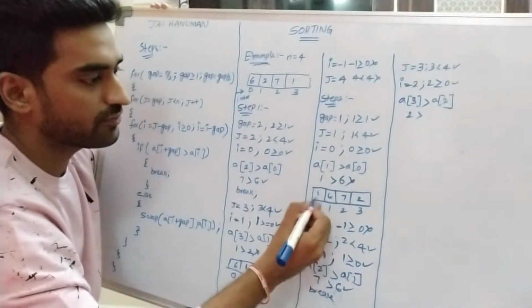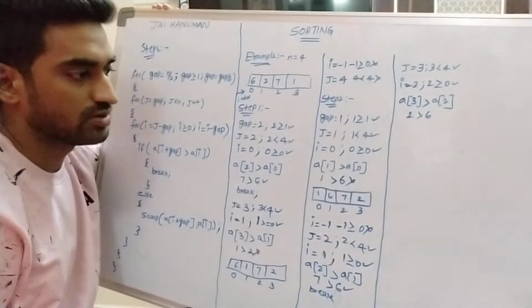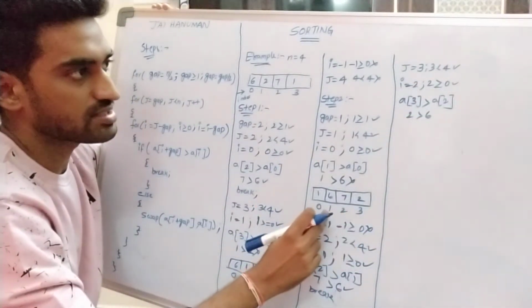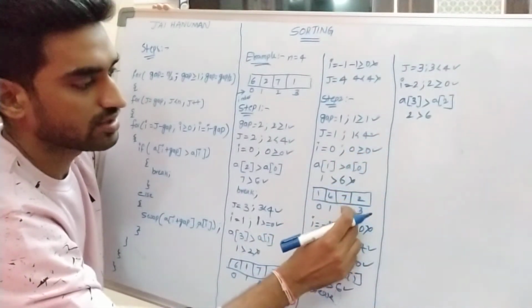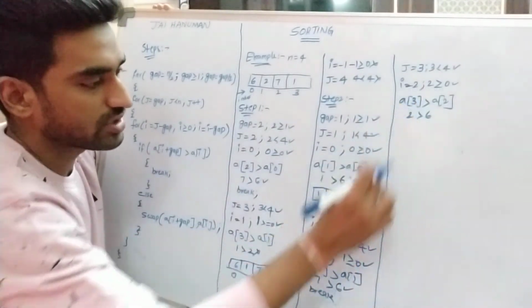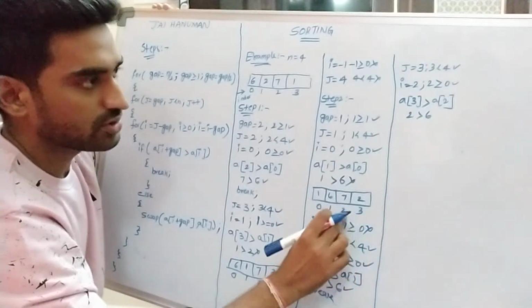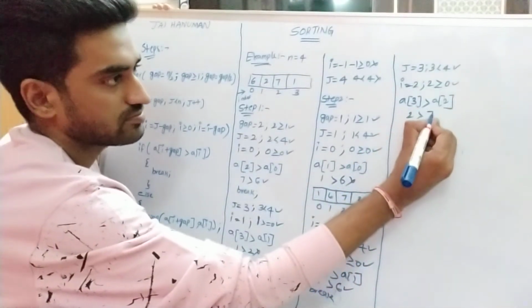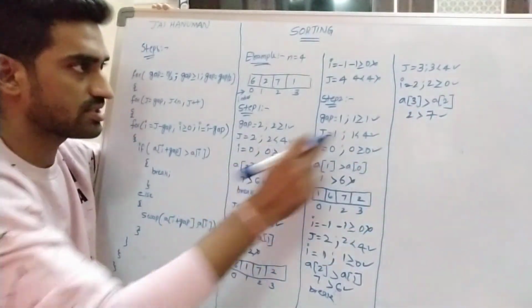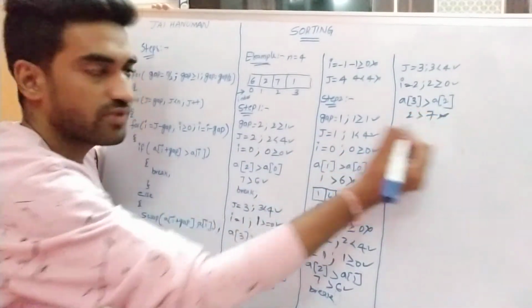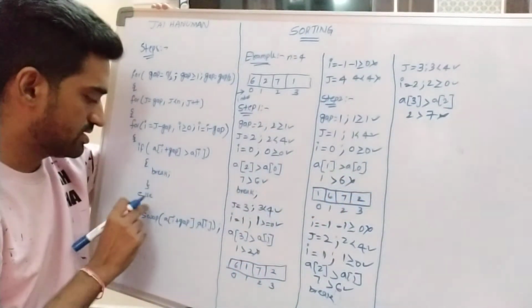Y of 2 is 7. So this condition, 2 greater than 7, is false. So that's why we are executing the else part.